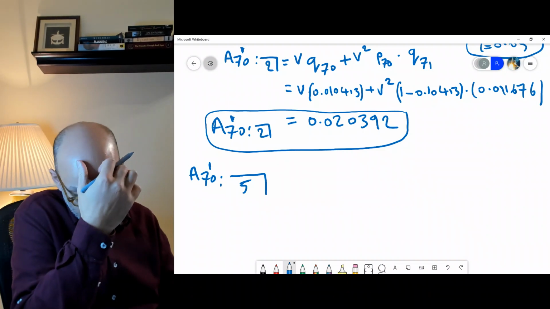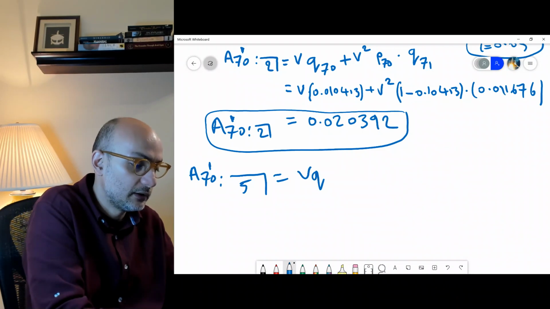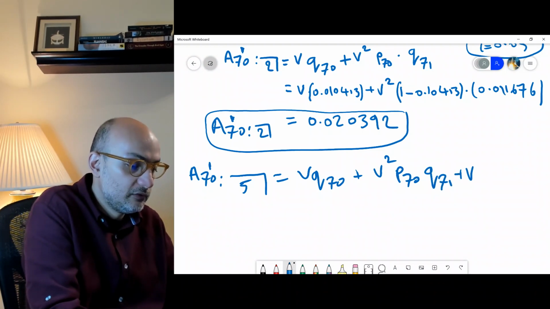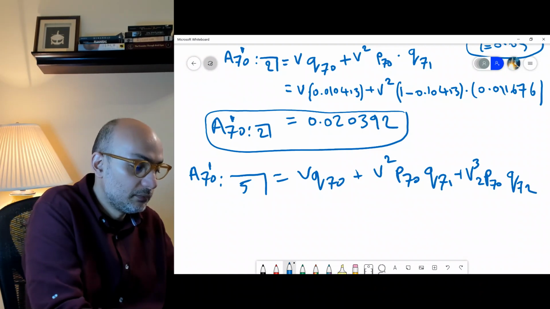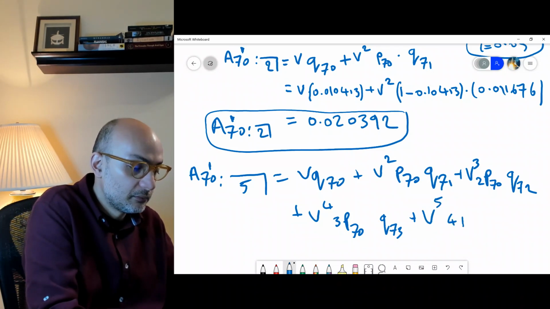And here one way we can calculate it is like this one: q70 plus v^2 p70 q71 plus v^3 2p70 q72 plus v^4 3p70 q73 plus v^5 4p70 q74.